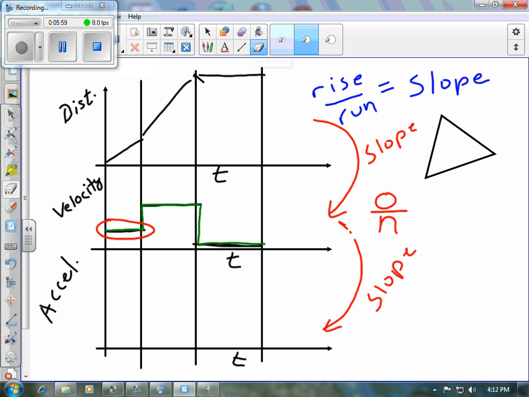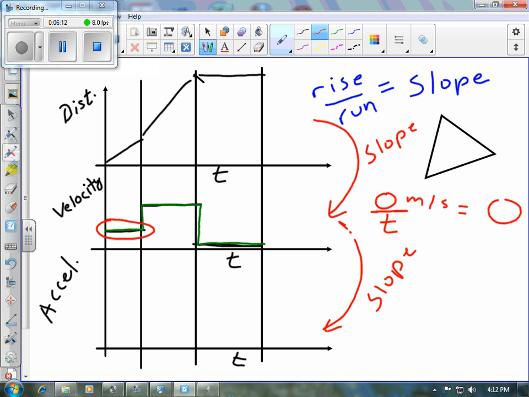In this case, let's be clear, it's 0 meters per second, because we're talking about velocity, divided by some time t. 0 divided by anything is 0. So there is 0 acceleration right here. So I'm drawing my acceleration graph. There's 0, right?